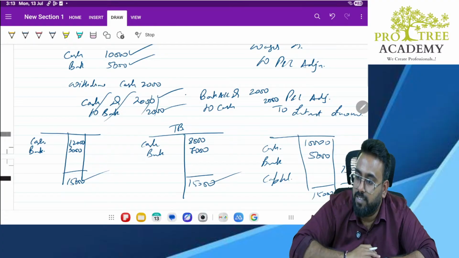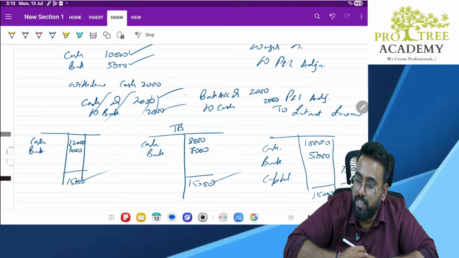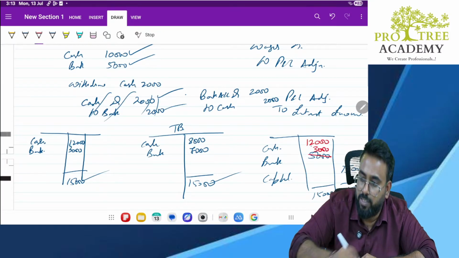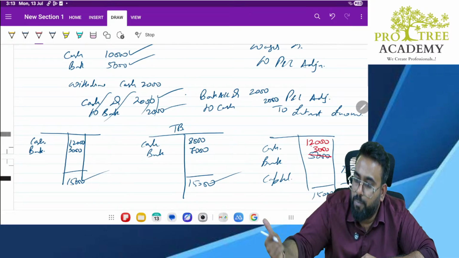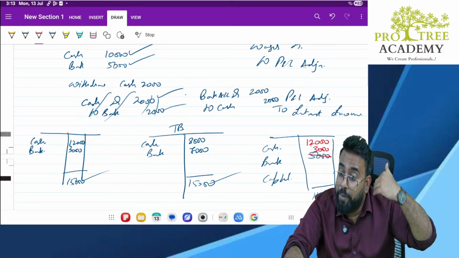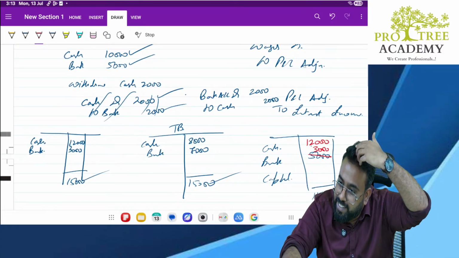Is there any difference? Will you find out the error? If you had found the error, the cash balance should be 12,000 and here it should be 3,000. But if you write 10,000, 5,000, will you be able to identify the error? Why? Because you omitted the entire transaction itself. Debit and credit, neither is impacted.